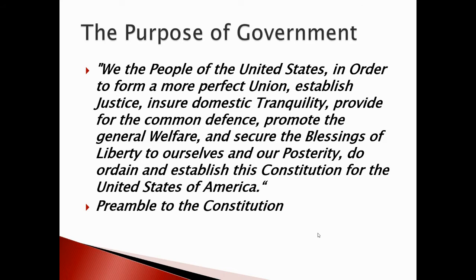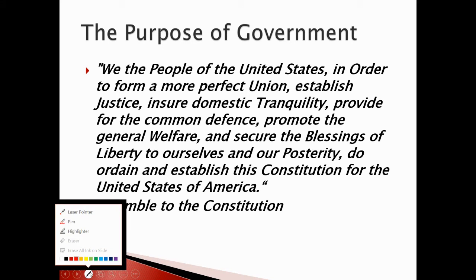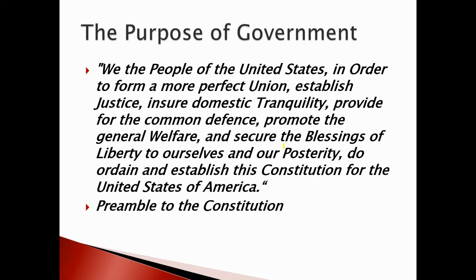And the great part about the Constitution is we can find the six goals that the framers laid out for us. So the first overall goal is to form a more perfect union right here. And then we have establish justice, ensure domestic tranquility, provide for the common defense, promote the general welfare, and secure the blessings of liberty.